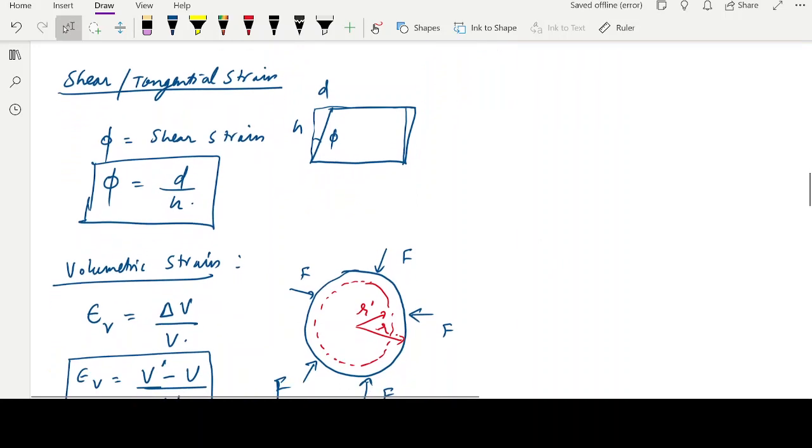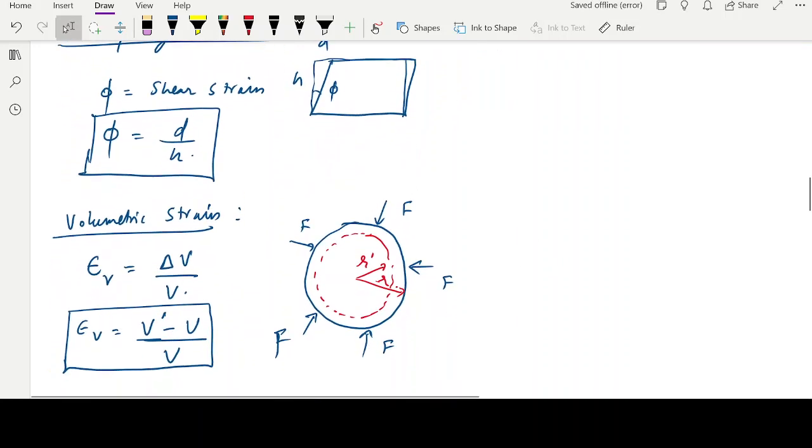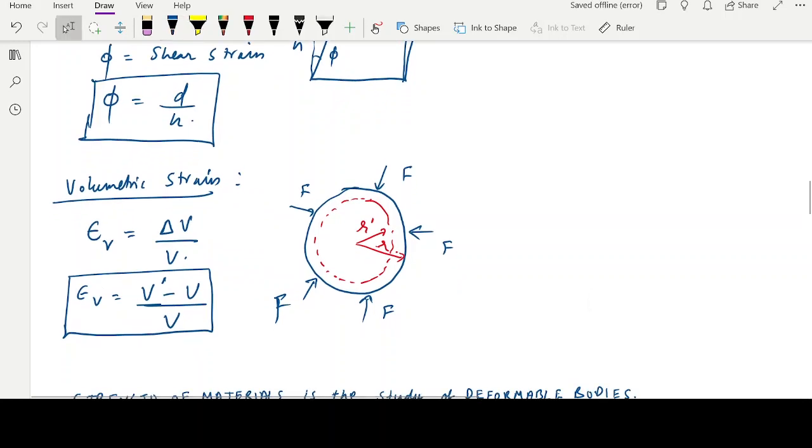Volumetric strain can be measured by change in volume divided by the original volume, so del V by V, V dash minus V by V. The sponge ball, when acted upon by equal forces on the sides, its radius decreases to R dash from R. So V dash corresponds to the final volume, and V corresponds to the initial volume with the radius R. The difference is the change in volume divided by the original volume, which gives us the volumetric strain.